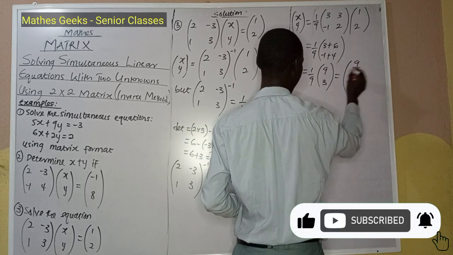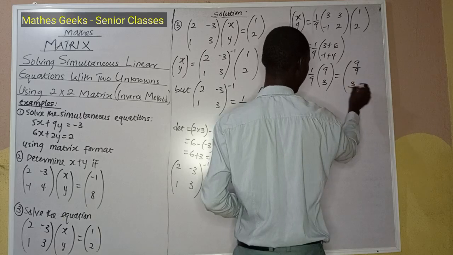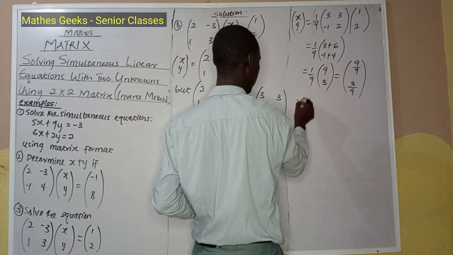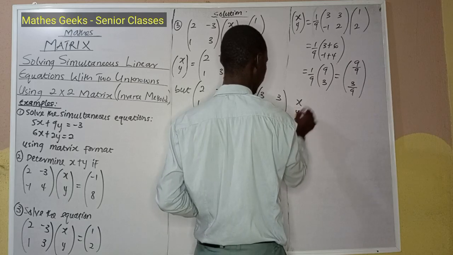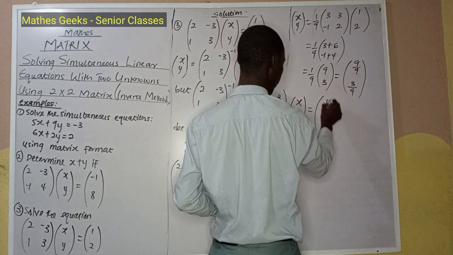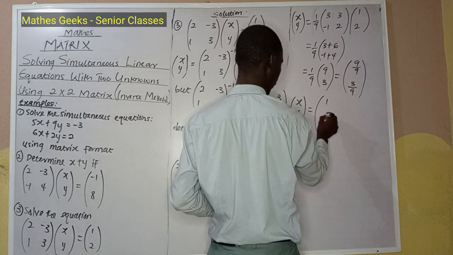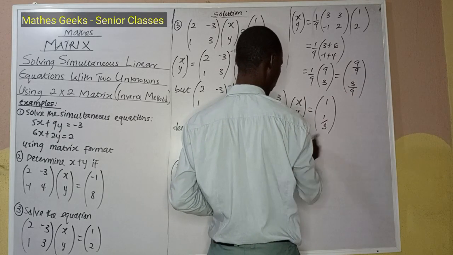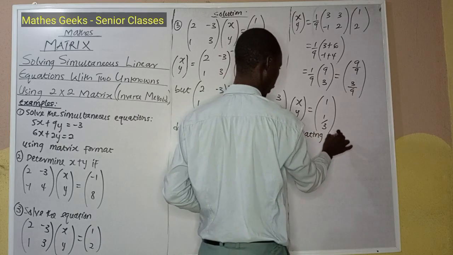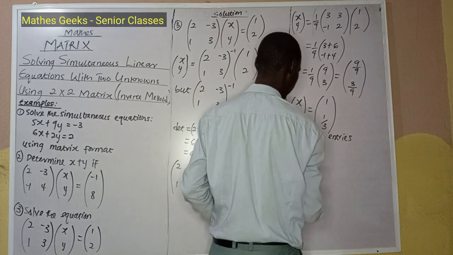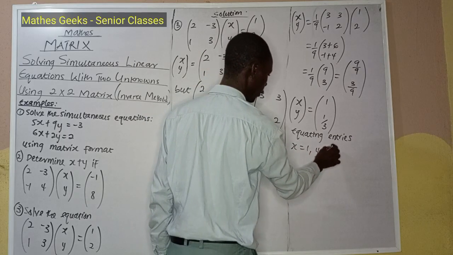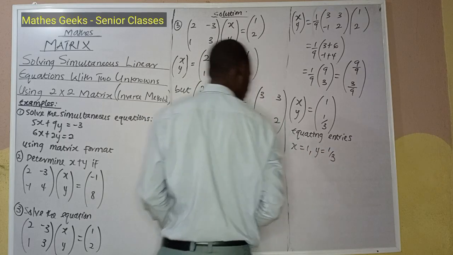This will be 9 over 9 and 3 over 9. So x, y is equal to 9 over 9, which is 1, and 3 over 9, which is 1 over 3. Equating entries, x is equal to 1 and y is equal to 1 over 3.